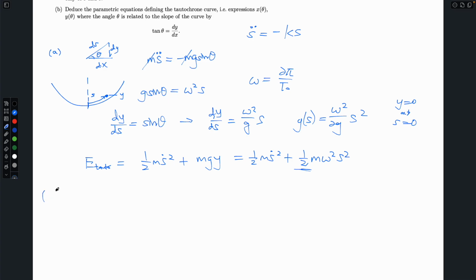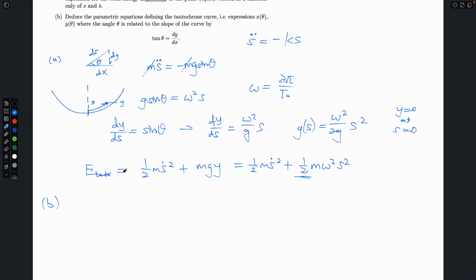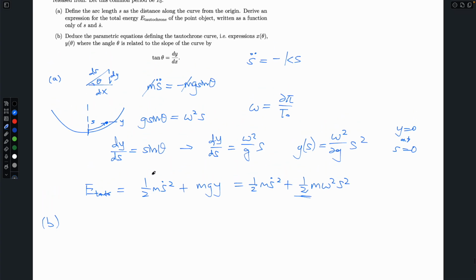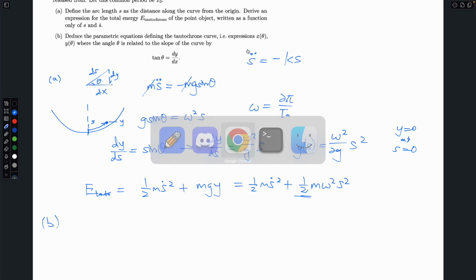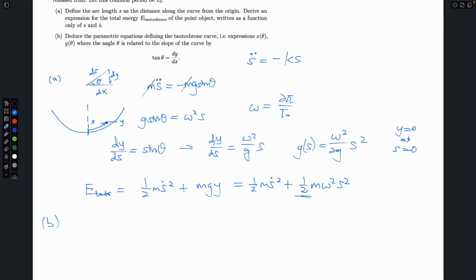And then part B is the more annoying one. So parametric equations of x as a function of theta naught and y as a function of theta naught. This one is kind of math. First, you need to know that tangent theta equals dy dx given, and then we know that s is equals to g over omega squared sine theta.